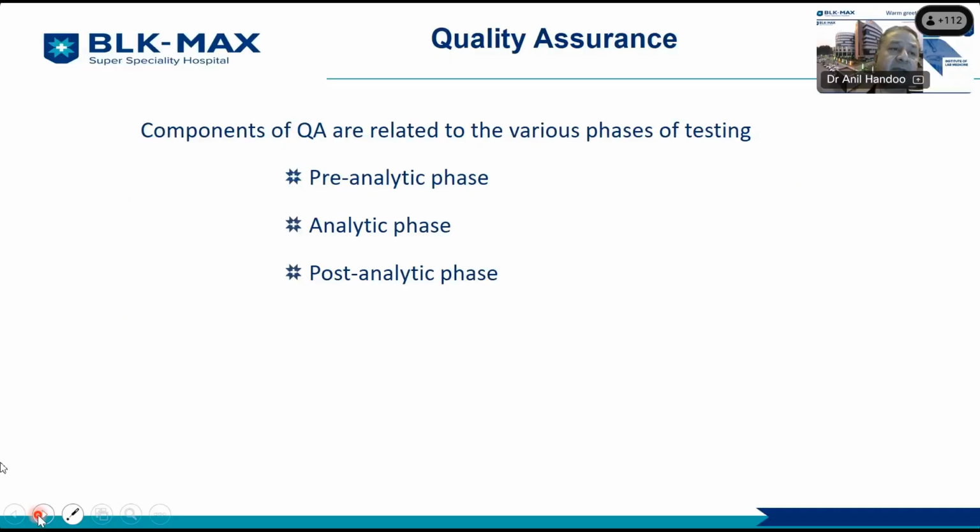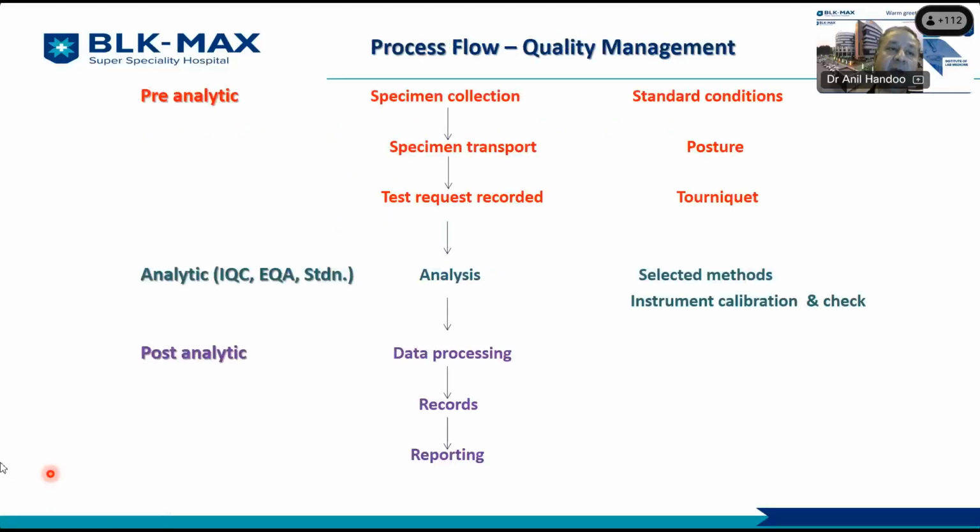As I told you previously, quality assurance has three major phases: the pre-analytical phase, the analytical phase, and the post-analytical phase. The pre-analytical phase primarily talks about specimen collection, transport, and recording the tests. We need to keep track of the preparatory steps, the posture of the patient, the use of a tourniquet, etc. In the analytical part, we need to ensure that we have IQC, the internal quality control available.